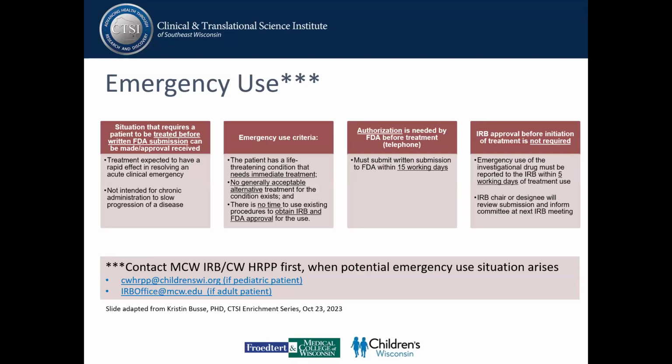So not an emergency use situation, but your IND says EIND. We've seen that occur and come through our office as well. I don't know how that all plays out in the portal. That's not really my area, as far as how the FDA issues those two different terms, like a normal IND versus an EIND. But we will see that come through the treatment use pathway in either case.